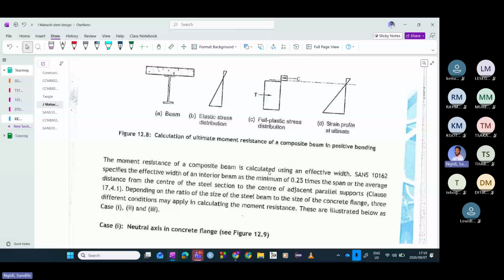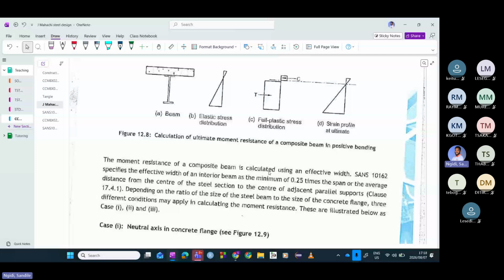Then we can find this effective width of the section. So we can find this effective width. That's what we can do.